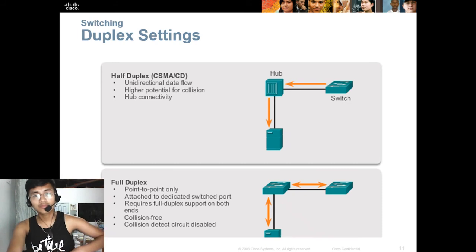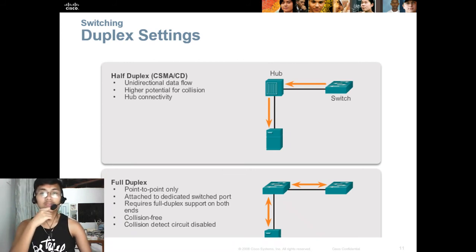Duplex settings. As I have said, half duplex means the sending and receiving of the devices cannot be made at the same time.